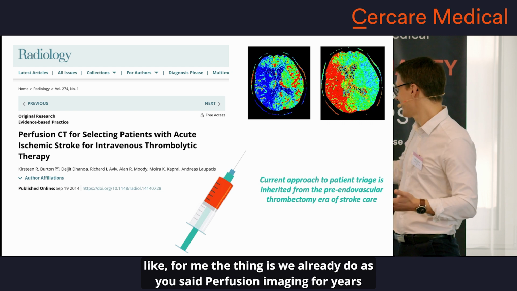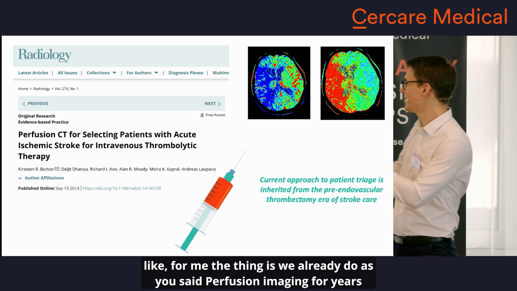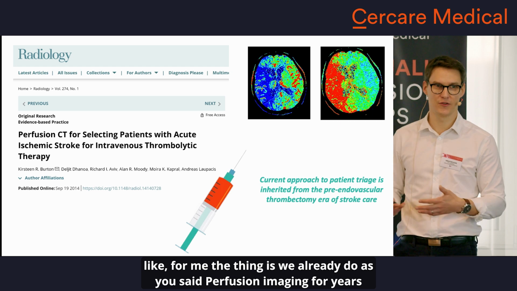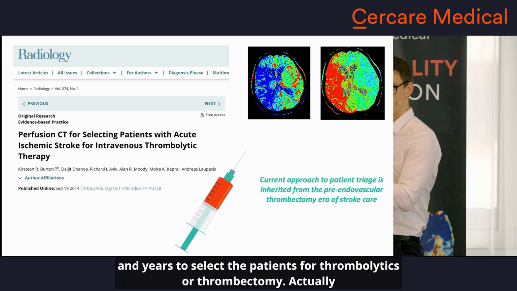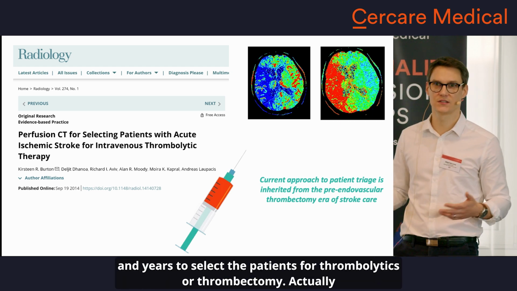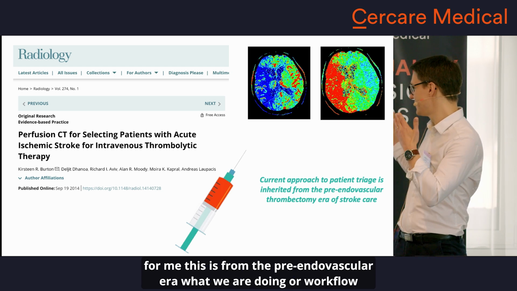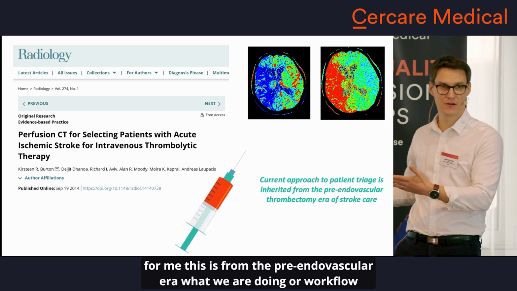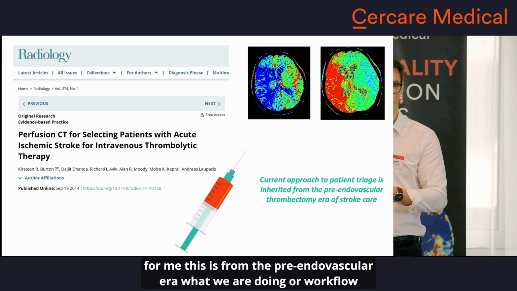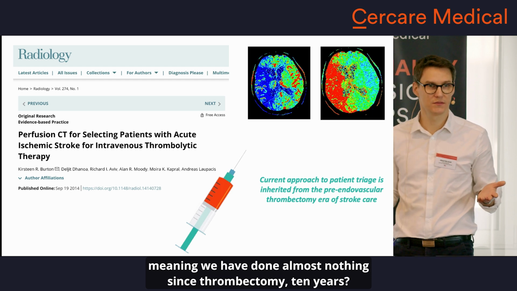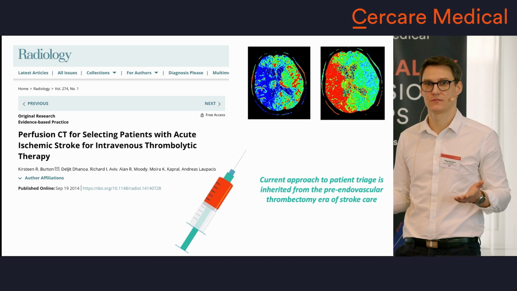Like, for me, we already do, as you said, perfusion imaging for years and years to select the patients for thrombolytics or thrombectomy. Actually, for me, what we are doing is the workflow from the pre-endovascular era. Meaning, we have done almost nothing since thrombectomy, 10 years.